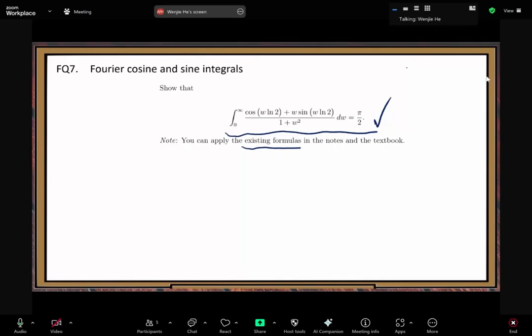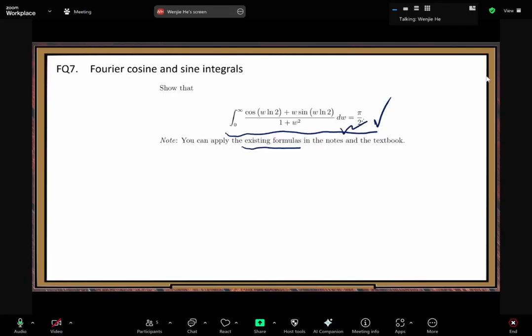First you need to calculate that Fourier cosine or sine integral, just like our examples in our notes and the textbook. In a similar way, we apply the Fourier cosine or sine integral to do the calculation. After the calculation, you can get some identity like this. So that's the small difference.